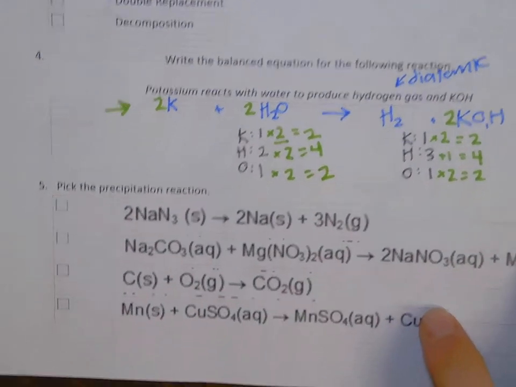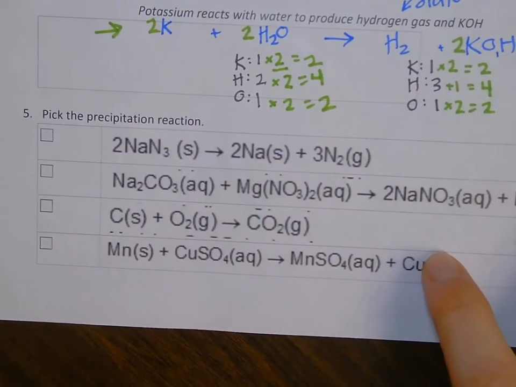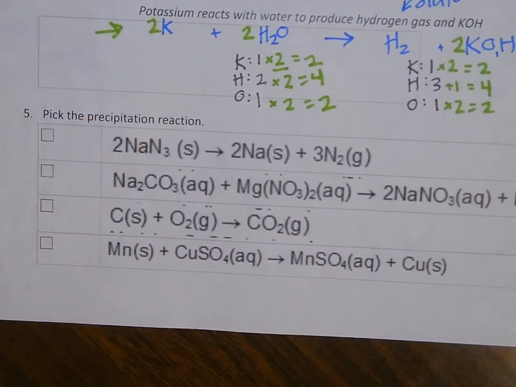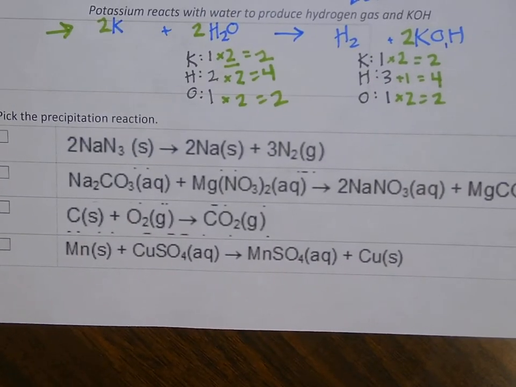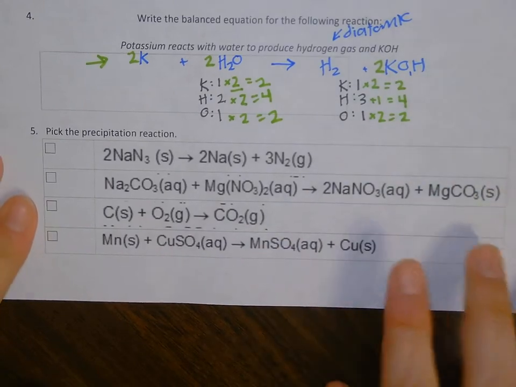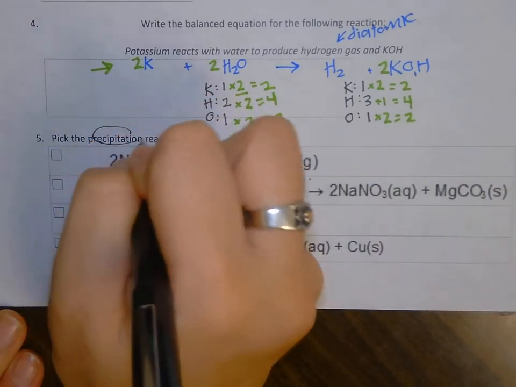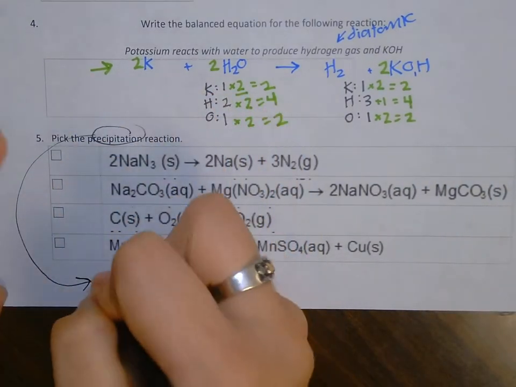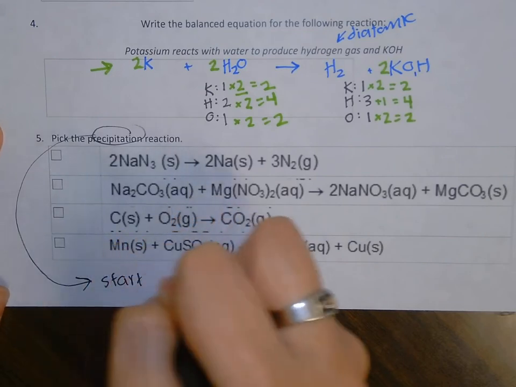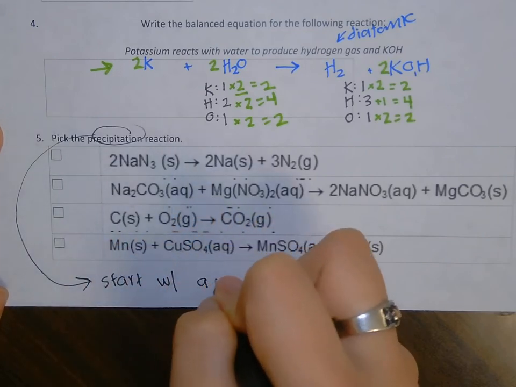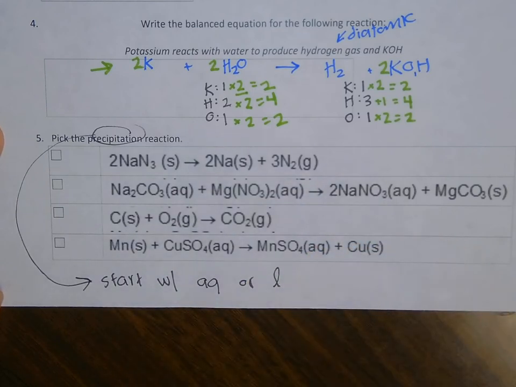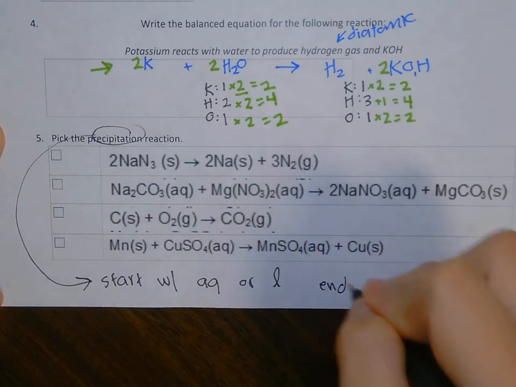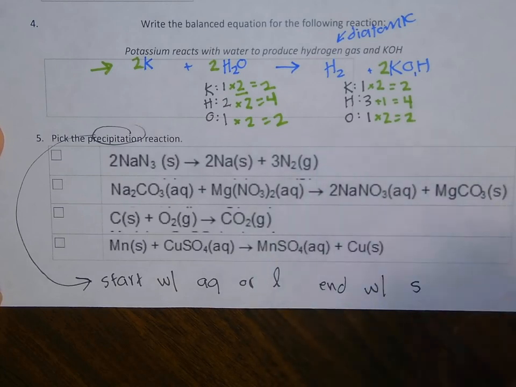And then last one for this video, pick the precipitation reaction. Anytime I see precipitation reaction, let me move that a little bit, there it is. Anytime I see precipitation reaction, I should think, ooh, I start with aqueous or liquids and with a solid.